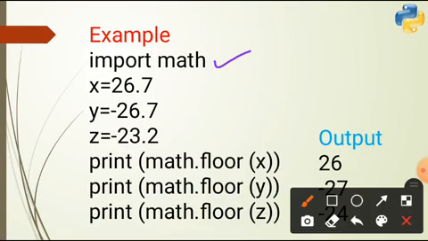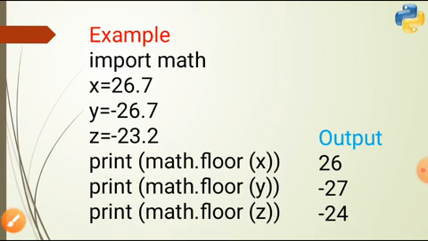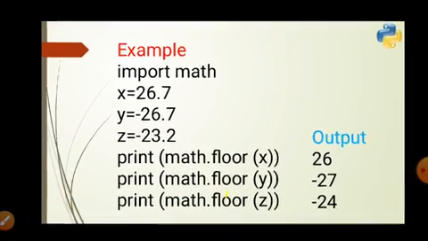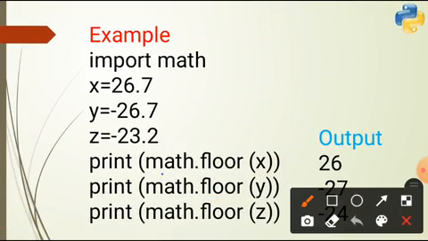Here some examples are given. Import math. First of all, to use a mathematical function we have to import the math module. That is why the first line is given as import math. The second line, x equal to 26.7, y equal to, kindly note down, minus 26.7, and z equal to minus 23.2. Okay, here the print statement is given, print math.floor of x.